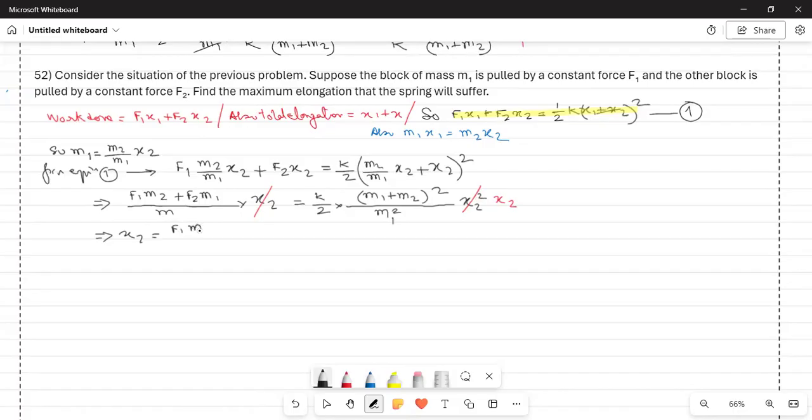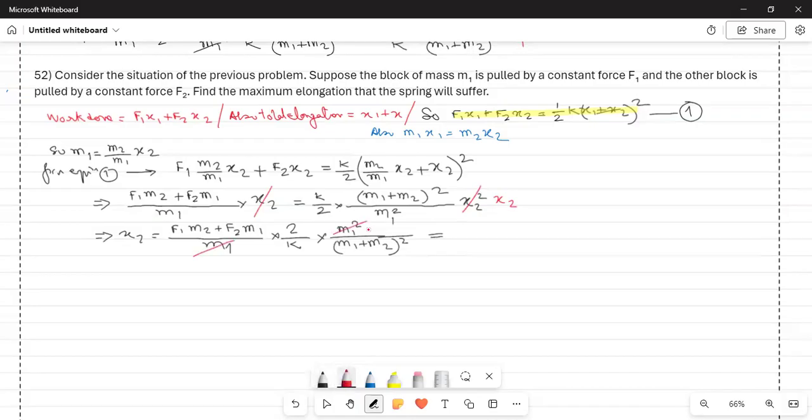F1 m2 plus F2 m1 divided by m1, multiplied by 2 divided by k, and then multiplied by m1 square divided by m1 plus m2 whole square. Now what am I left with?